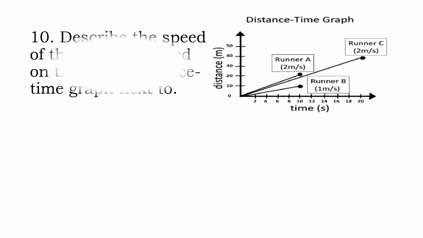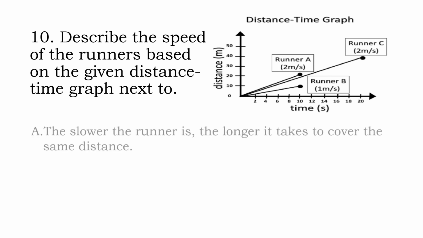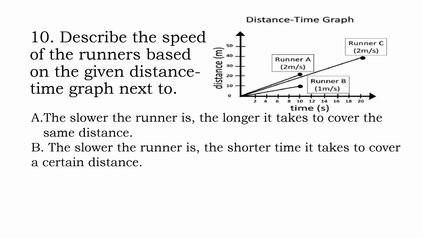Alright, for number 10. Describe the speed of the runners based on the given distance-time graph. A. The slower the runner is, the longer it takes to cover the same distance. Letter B. The slower the runner is, the shorter time it takes to cover a certain distance.